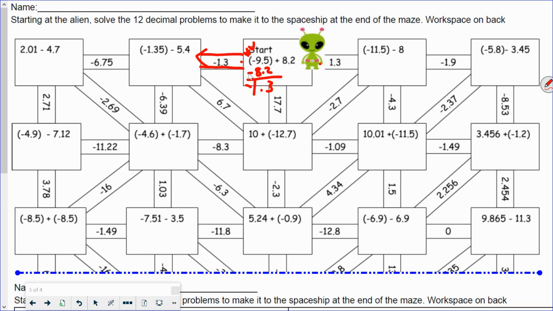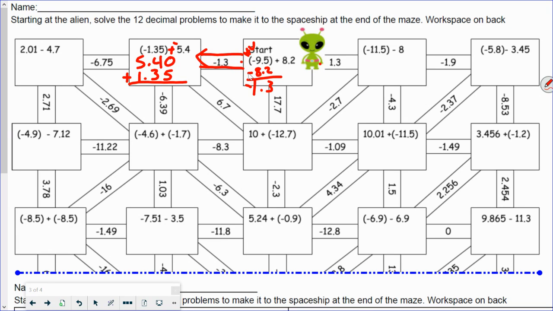Then number 2, the second problem, so that means we have 11 more problems to do. It's a subtraction problem, so we need to add the opposite. If we add the opposite, I have 2 negatives I'm adding, so same sign, add. So I have 5 and 4/10 plus 1 and 35 hundredths.